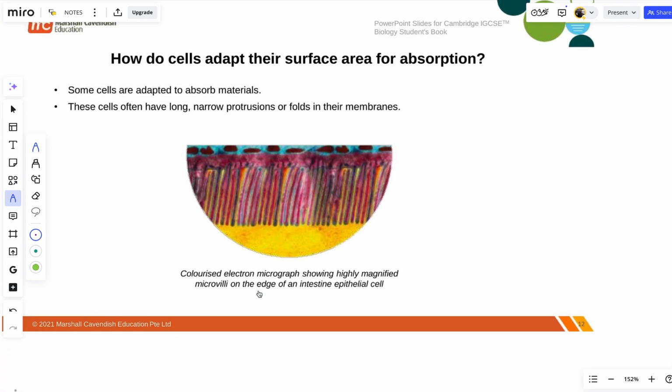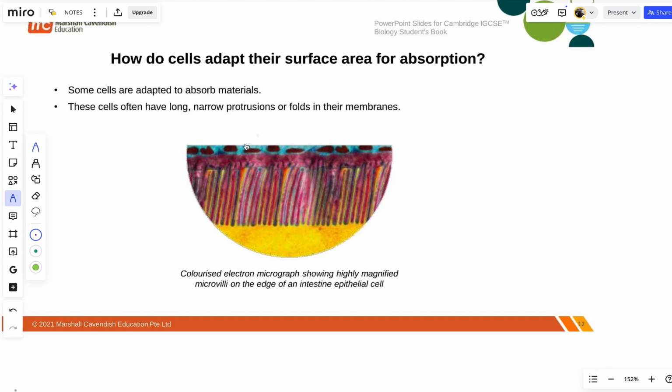How do cells adapt surface area for absorption? Some cells are adapted to absorb materials from their environment. These cells often have long, narrow protrusions or folds in their membranes that enable absorption of substances into and out of the cell.